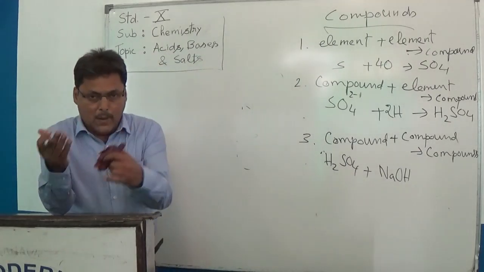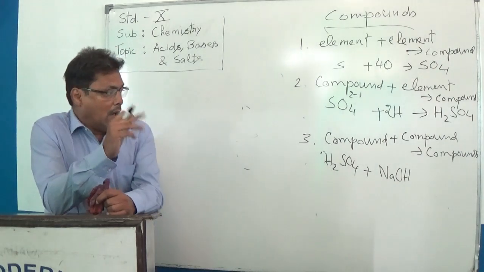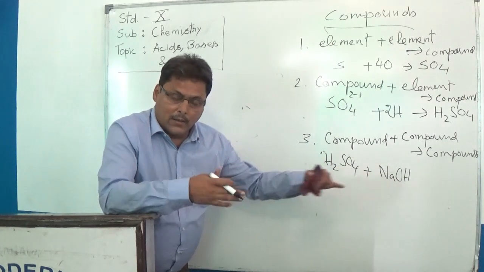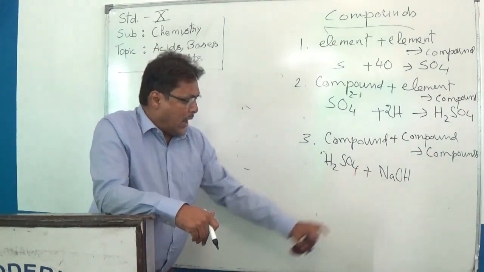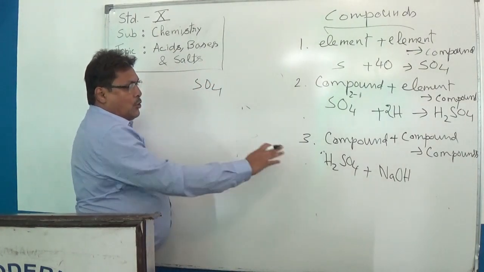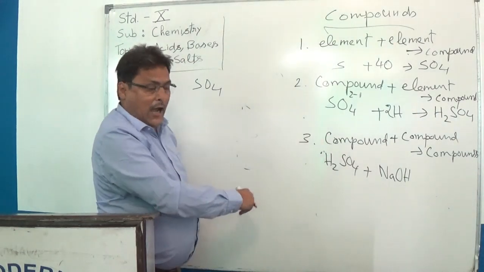You remember this neutralization reaction from your previous chapter. The moment these 2 things come together, the sulfate and the sodium, they get separated from the hydrogen and the hydroxide ion.